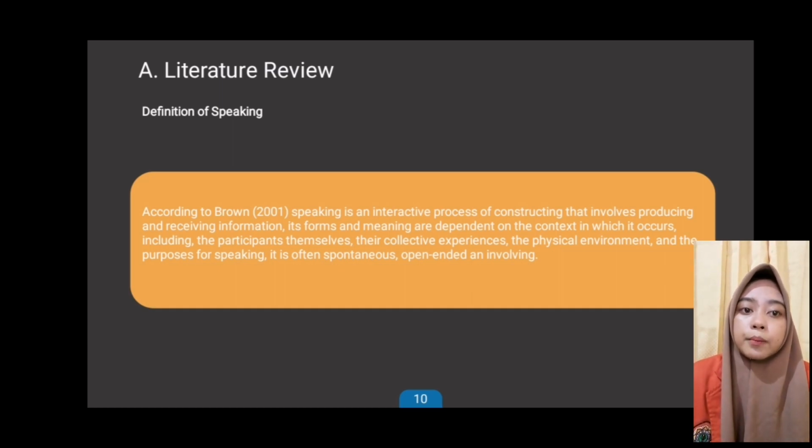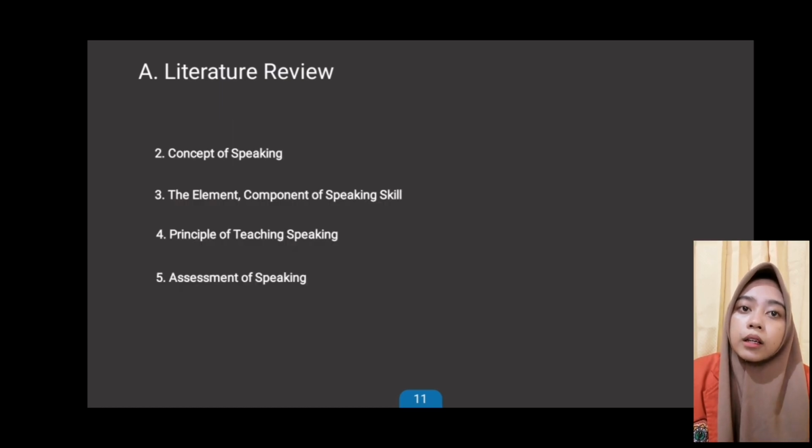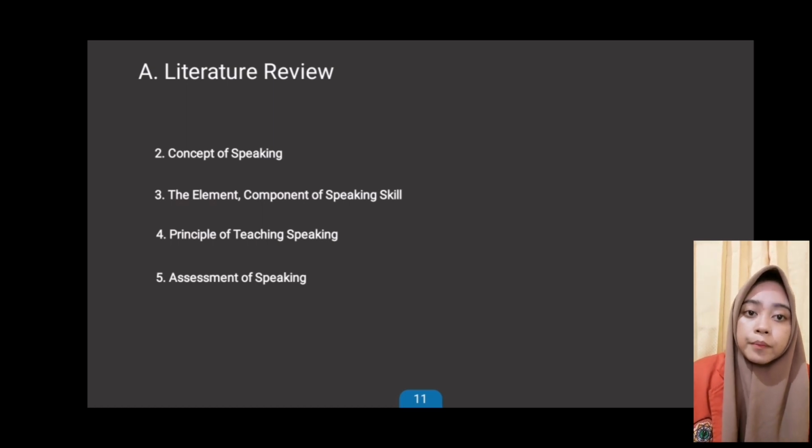It is often spontaneous, open-ended, and evolving. The next, concept of speaking, the element component of speaking, principle of teaching speaking, and assessment of speaking.